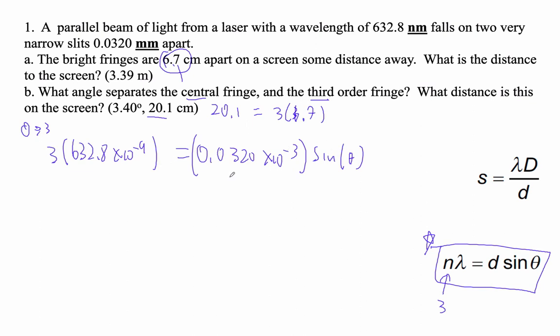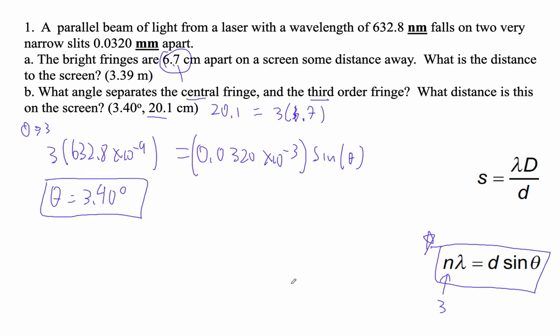I can do this. All right, 3 times 632.8 times 10 to the minus 9th divided by 0.032 times 10 to the minus 3rd. And did I do that right? I hope I did. Wow, okay. So theta is 3.40 degrees.